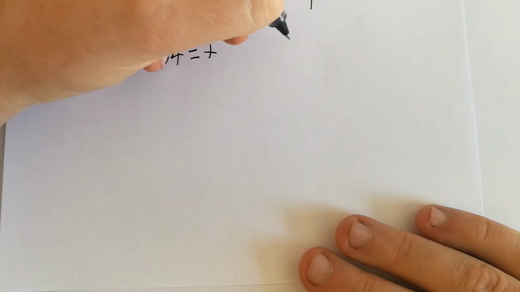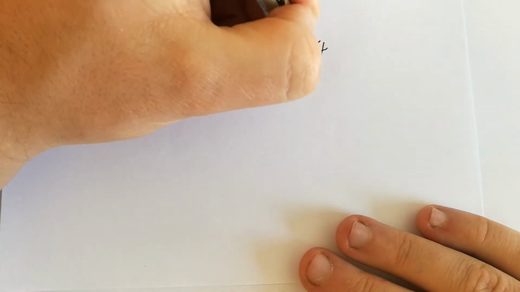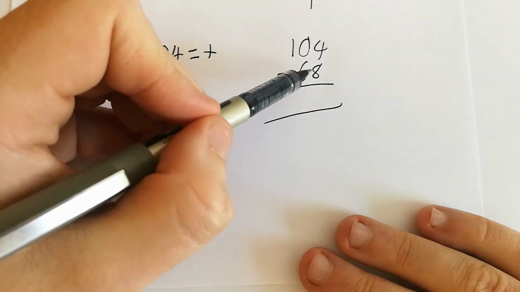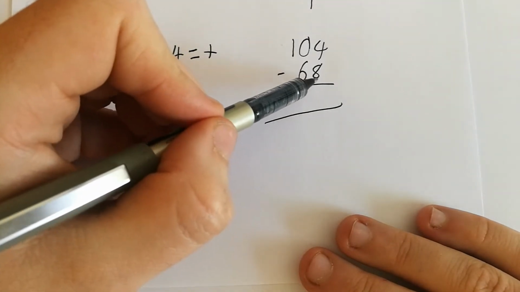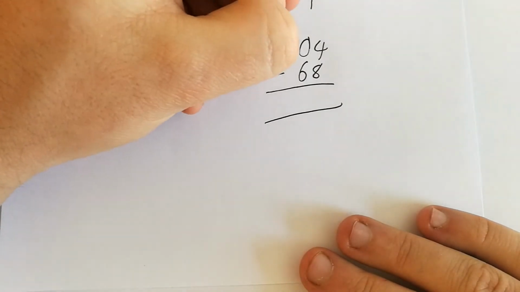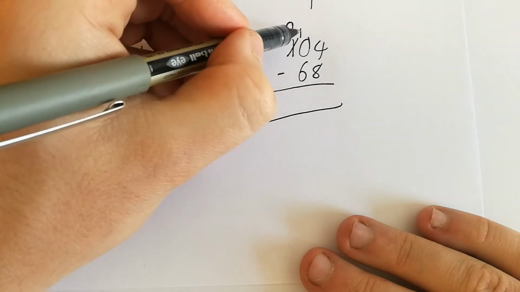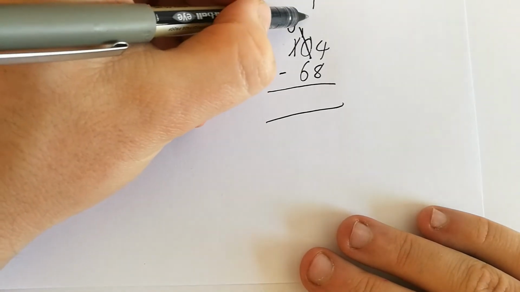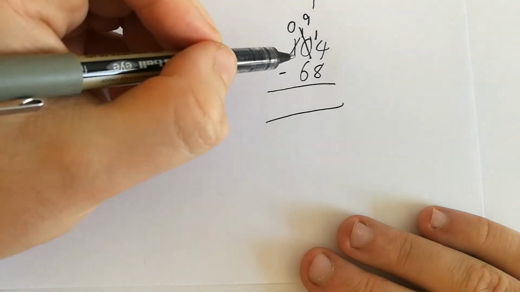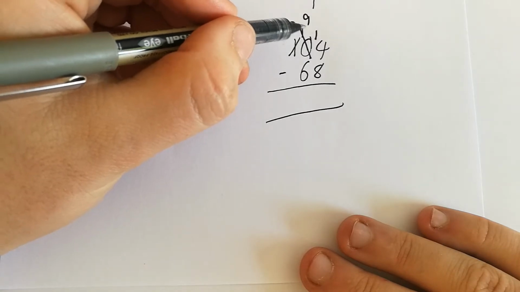And again, we go for our biggest number, 104 minus 68. Okay, so 4 minus 8, we can't do. So we've got to take one off here, but we can't do that either. So we take 1 off the 1, turns it into a 0, and puts 1 up there, making that a 10.